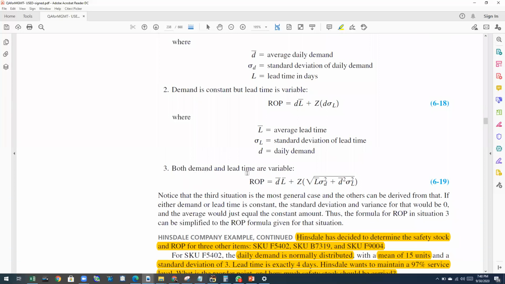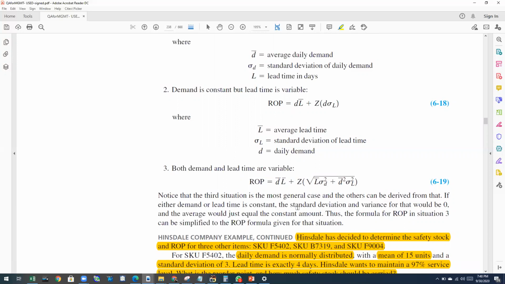Third is when both demand and lead time are variable, and this is the most usual. When both are variable, then we use this formula: average demand multiplied by average lead time plus Z multiplied by the square root of average lead time multiplied by the standard deviation of demand during lead time squared plus average demand squared multiplied by the standard deviation of lead time squared.